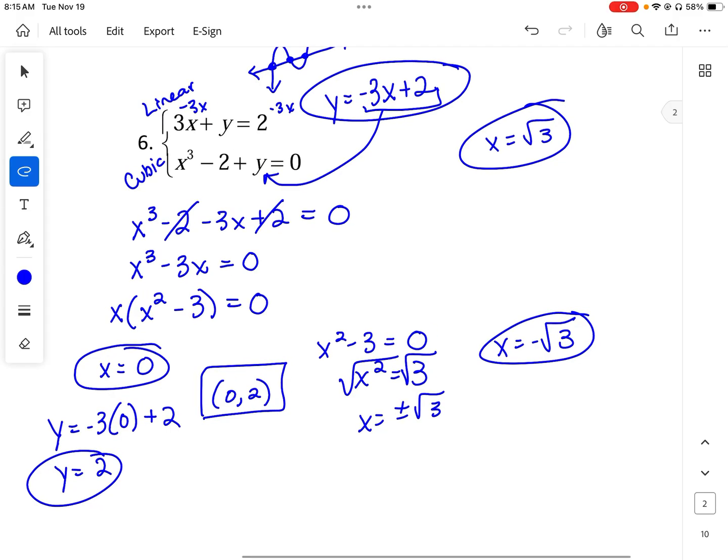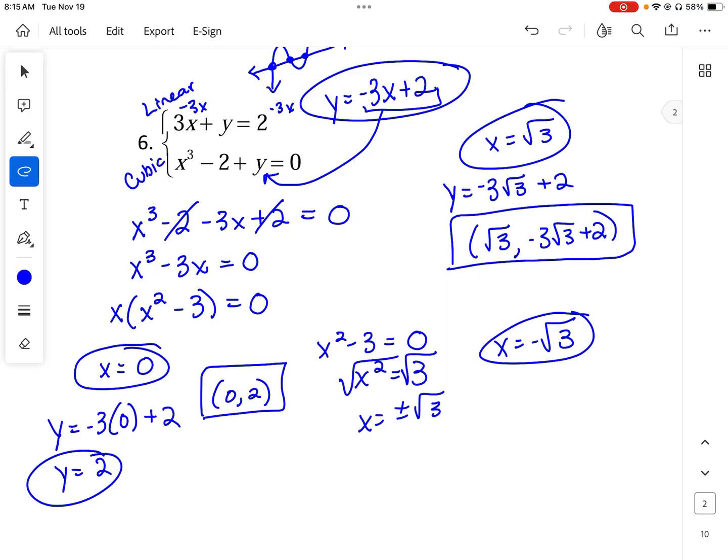Okay, I'm going to go up to the positive square root of 3. So y equals negative 3 times the square root of 3 plus 2. I can't combine anything there, so that is my solution right there. So x is square root of 3, y is negative 3 square root of 3 plus 2.